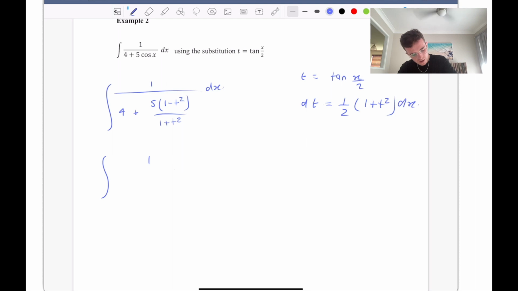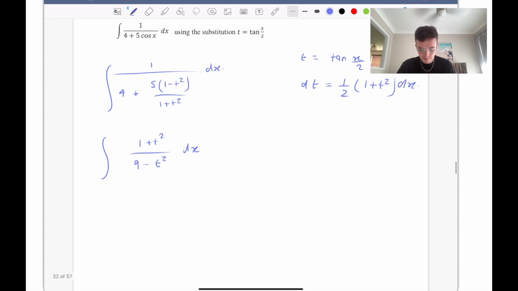And of course, we're putting our 1 plus t squared on the top, and that's times by dx. Now the next step here is to somehow get rid of the dx, because we can't integrate that until we get rid of the dx. It needs to be in terms of dt.